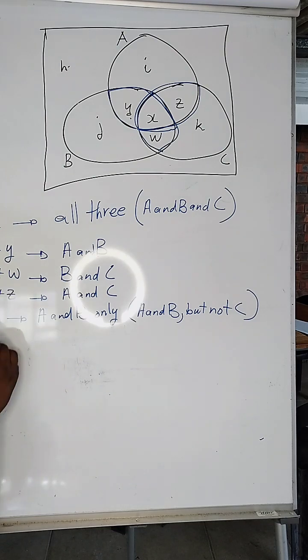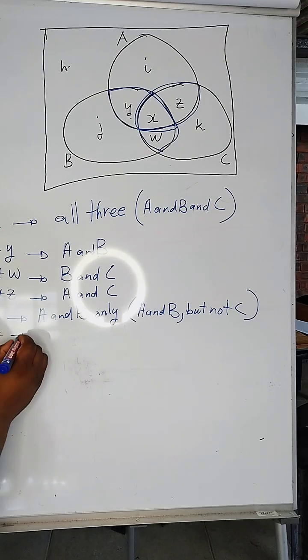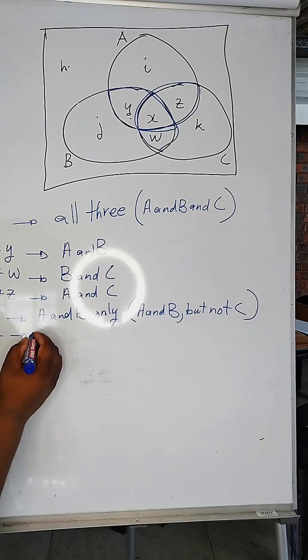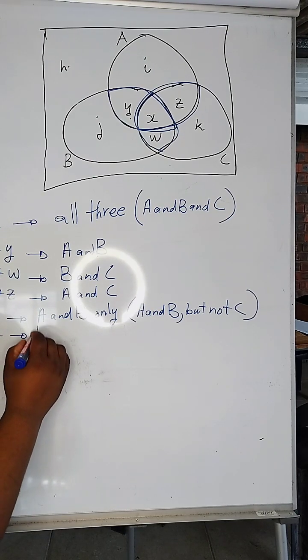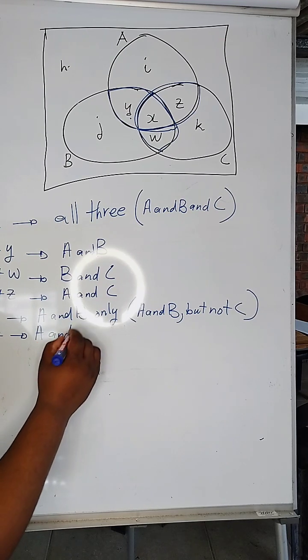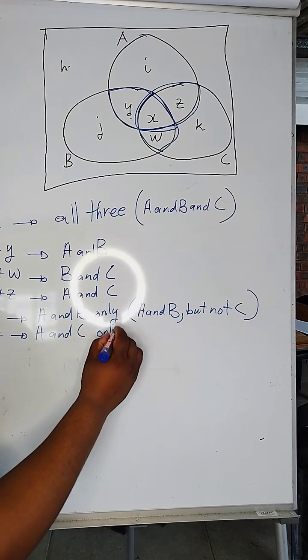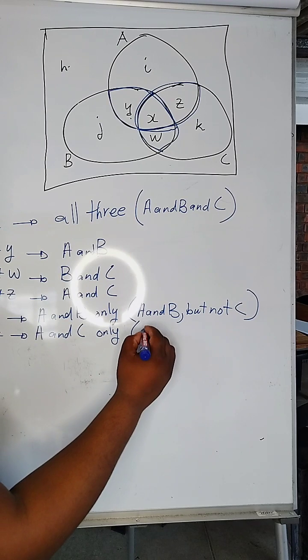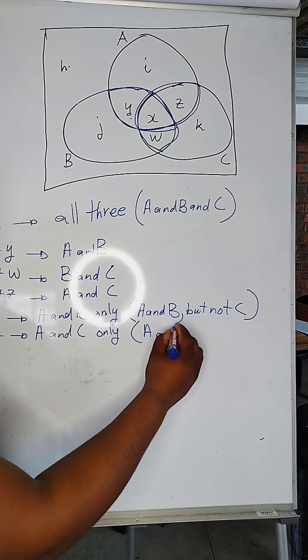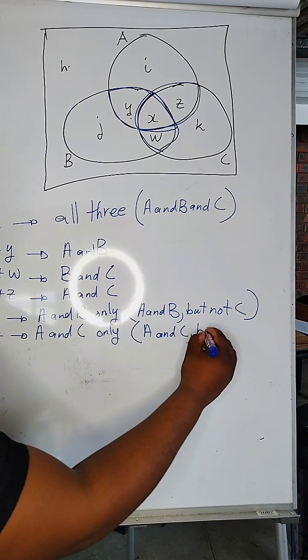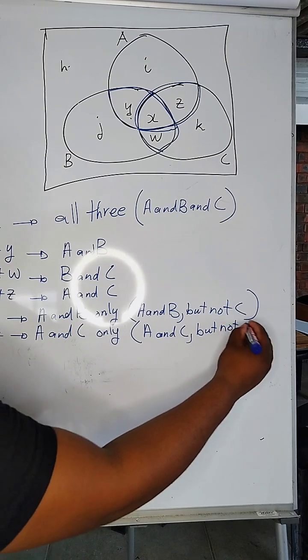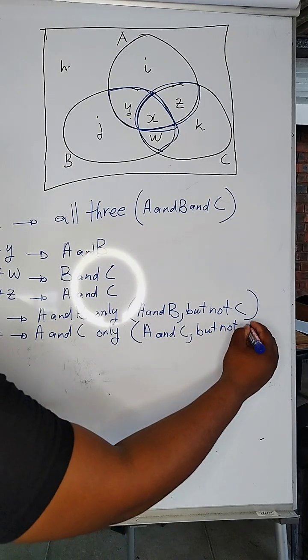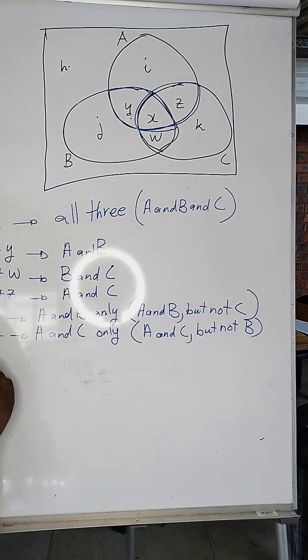Now, let's continue. When we are looking for Z, what is Z? Z will be A and C only, or they can say A and C, but not B. Okay? Then what is W?